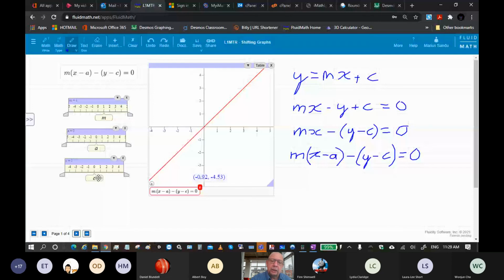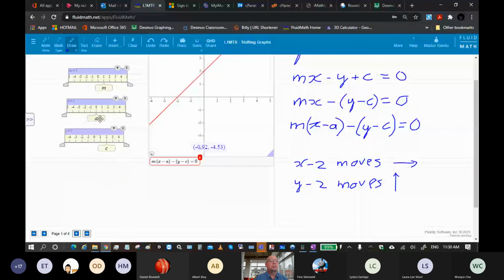And y minus 2 moves upwards. Okay? And now let's see what happens if I move x to minus 2, which is plus 2. Yes?